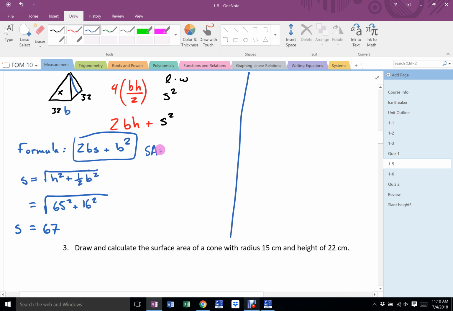Surface area equals 2 times B, which is 32, times S, which is 67, plus 32 squared. And then I just punch that into my calculator. Make it happen. And then tell me what you have for an answer.